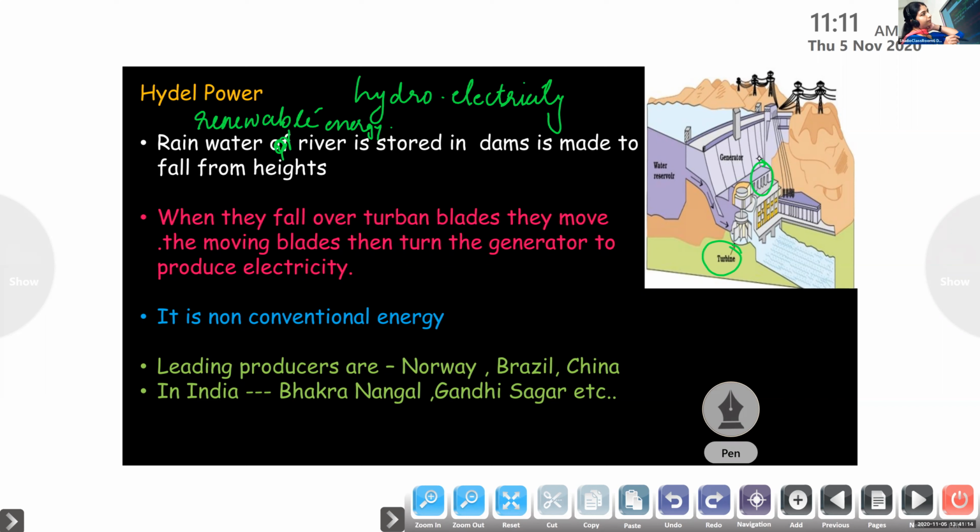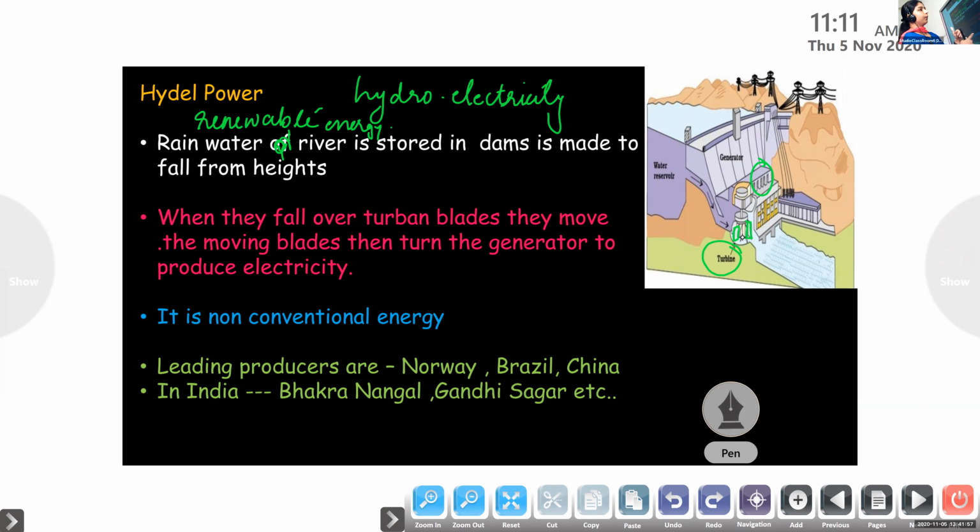A blade or wheel is fixed to it. You can see these are the blades of the turbine machine, like a wheel, right? Water is stored in the dam, and when water falls from height over the turbine, the blades of the turbine start moving.